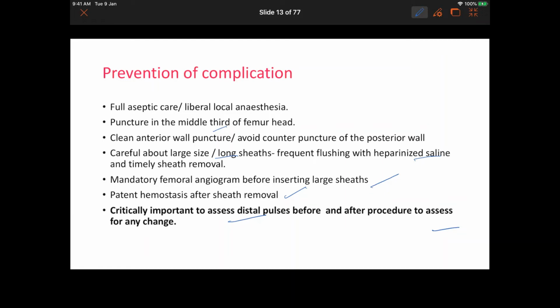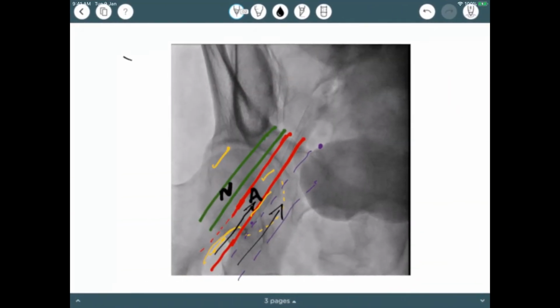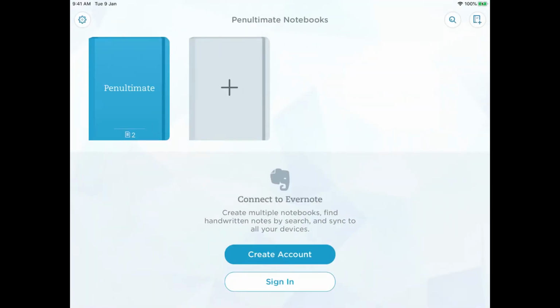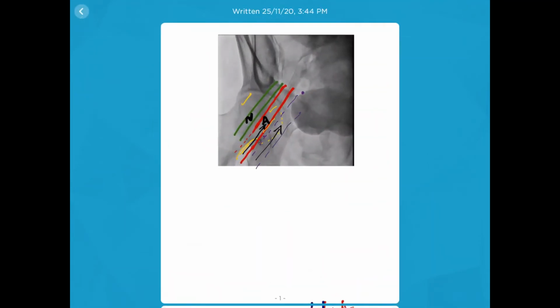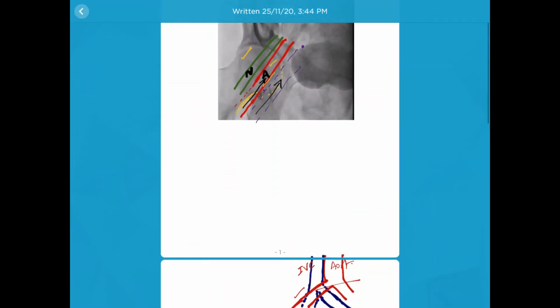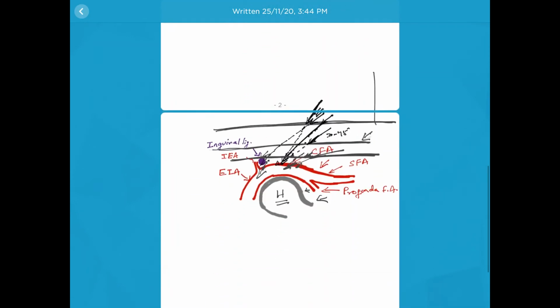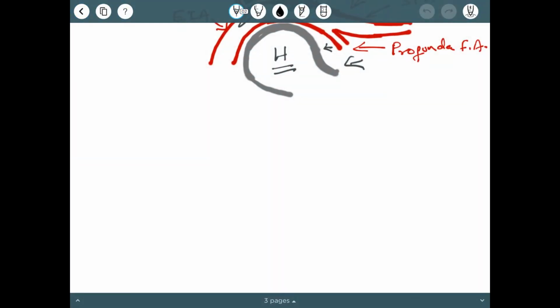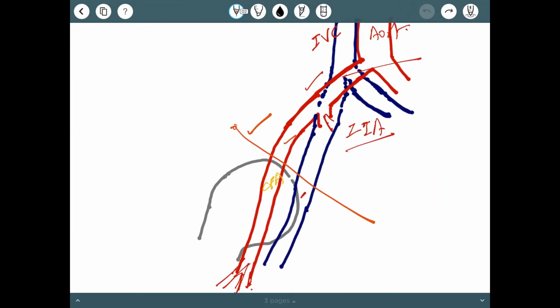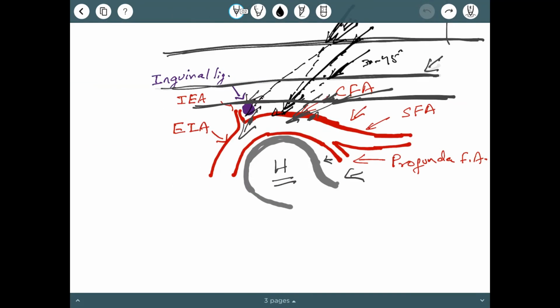As in that diagram, if you see here, if the skin puncture is here, the arterial puncture will actually be at this side.